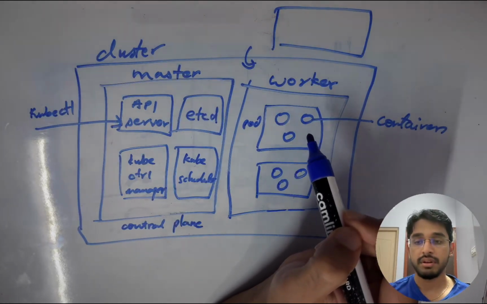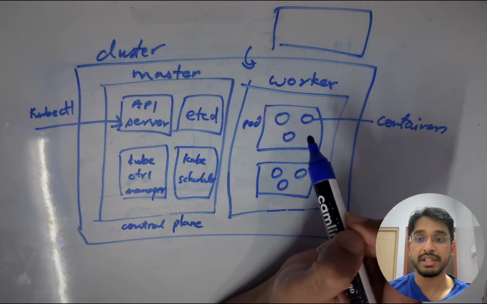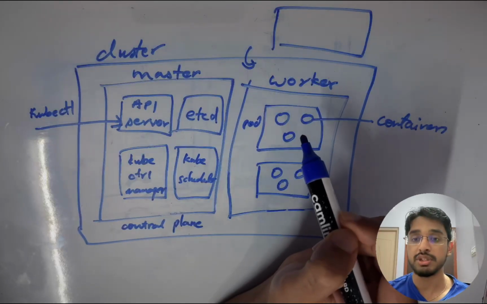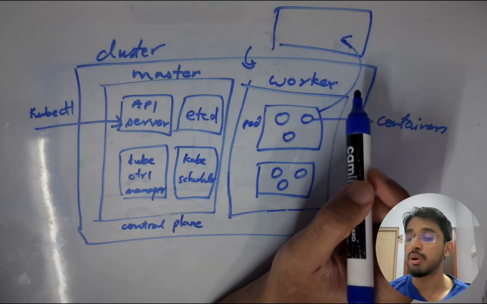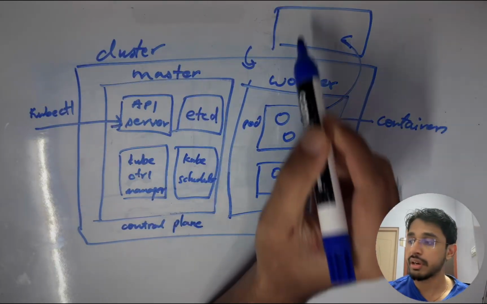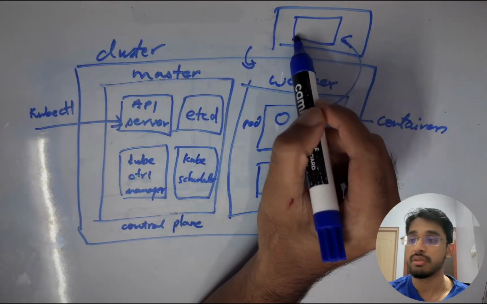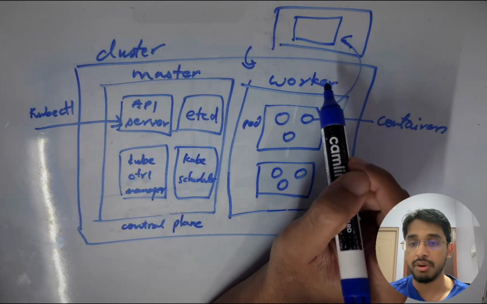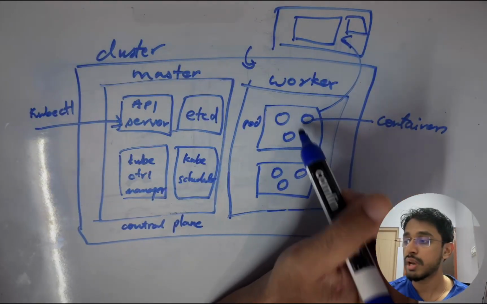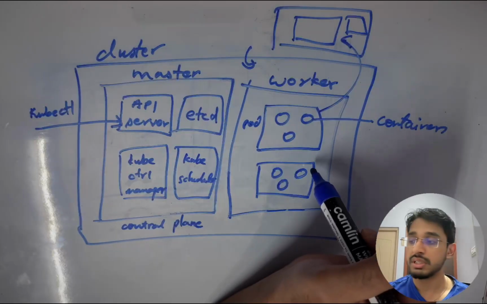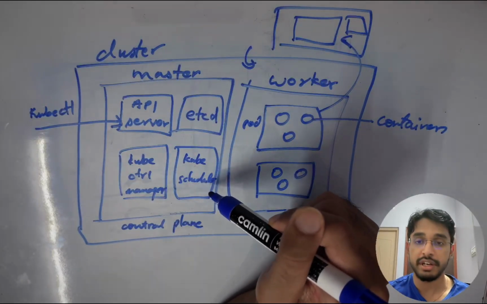Basically it will check which node's CPU usage is high or low, and based on that it will place the pods there. So if I have 3 pods, 2 pods can run over here and another pod over here. Let's say I want to spin up another pod. We have 2 nodes, so 2 can run here and 2 can run over here. So this is the job of the kube scheduler.